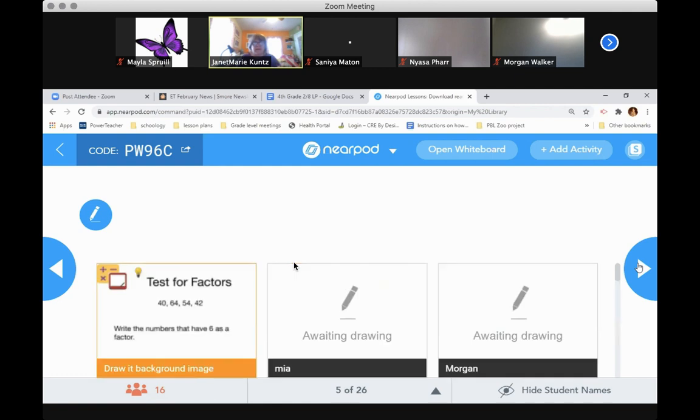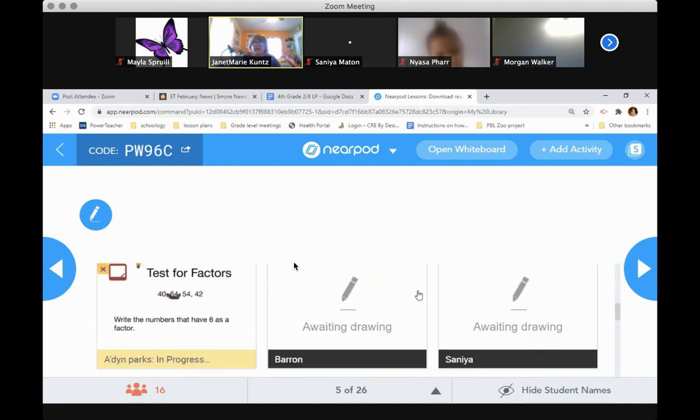Listen carefully. It says, write the numbers that have 6 as a factor. You can circle these. All you have to do is circle them.